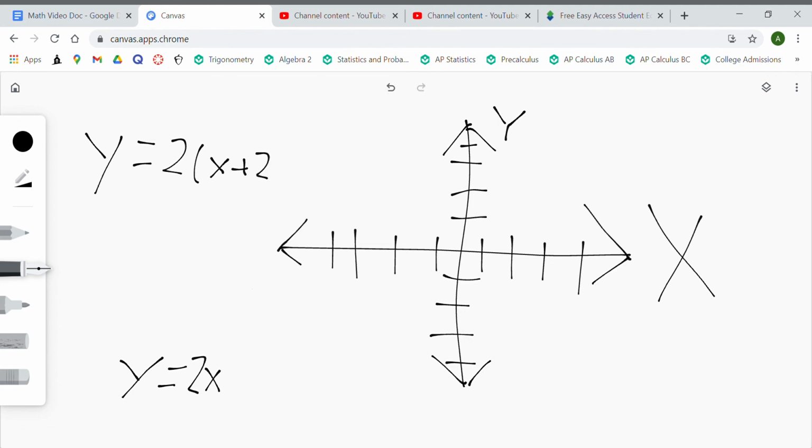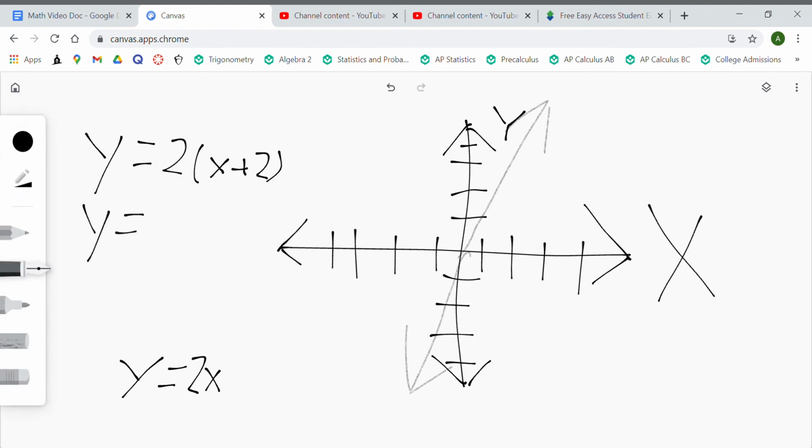Try this one. See what you get. Remember that this is our basic function. Now plot its translation. Okay, so we are going to try and draw this.